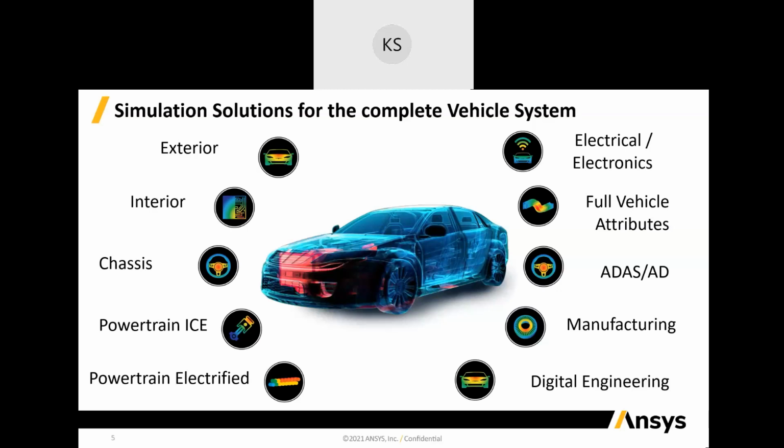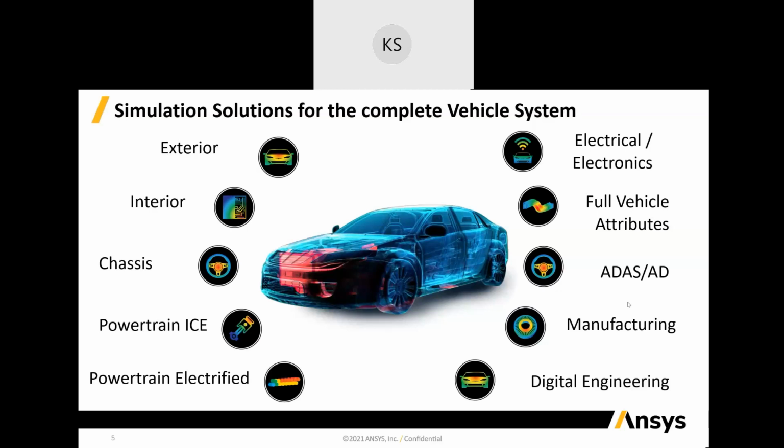The sensors are there inside it, so this should function properly. You can do full vehicle attributes simulations. Also, as we talked about ADAS and autonomous driving, or manufacturing, and digital engineering. In all these fields, Ansys simulations can help you come out with a better design, or even if you have some kind of issues, it can help you find out what the issue could be.